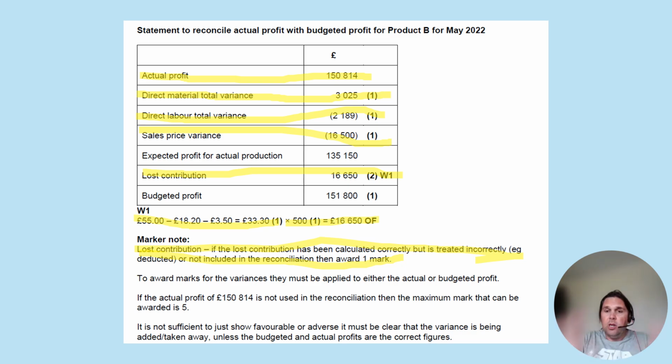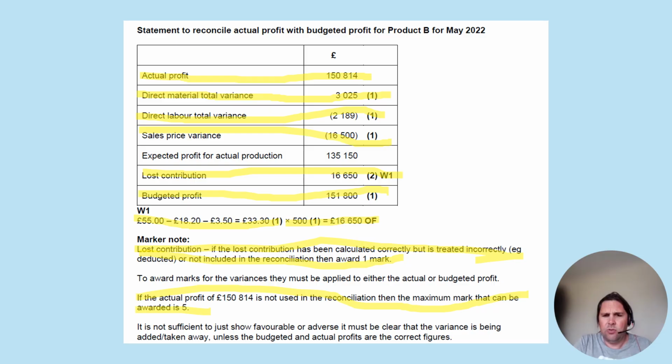It would be a shame, but you're still going to get some credit. The budgeted profit, 151,800. That's a balancing figure, but you could also calculate it. So that 33.30 multiplied by the 6,000 units, take away the fixed overheads, will give you your budgeted profit of 151,800.